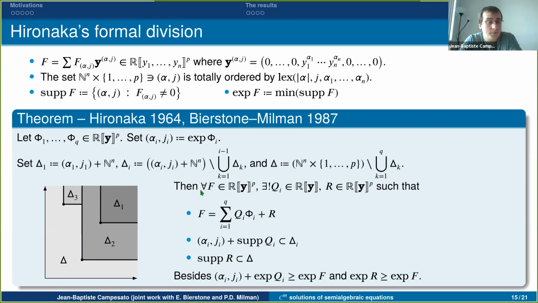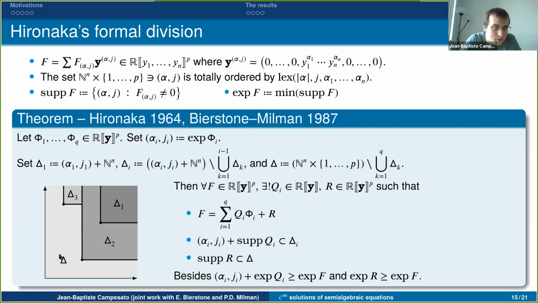When we have a vector valued power series, it can be uniquely written as the sum of the qi phi I plus a remainder as soon as we add these two additional properties: when we shift the support of qi by the initial exponent of phi I, it stays in delta I. And very important for the remainder of this talk, analogous in the Euclidean division to the degree of the remainder being less than the degree of phi, we add the condition that the support of the remainder should stay in the complement of the diagram.